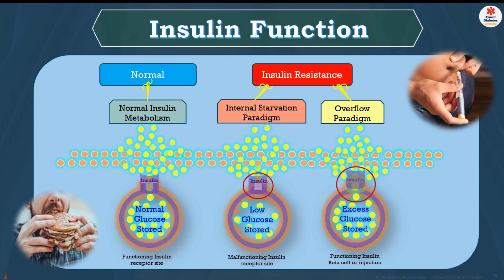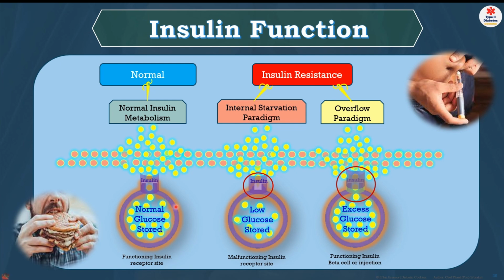So the insulin function, this is a little bit more on the insulin. You see the production and the function. This is the normal insulin metabolism. It comes out and goes through the blood system, and then goes into the receptor and brings down the sugar, the glucose, and puts it into storage. That's the normal function.